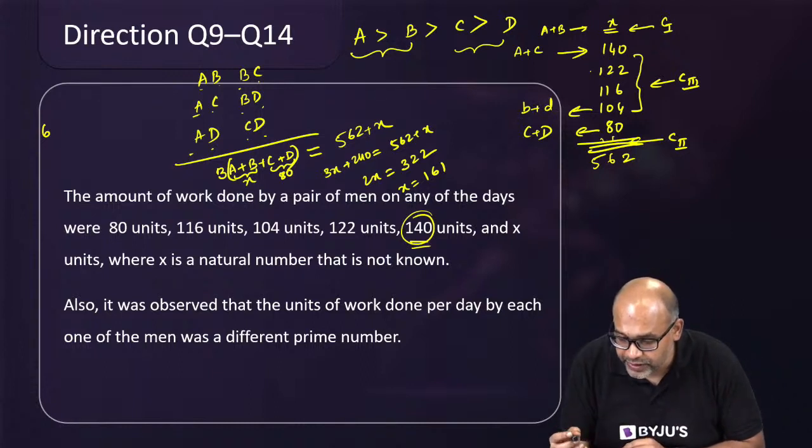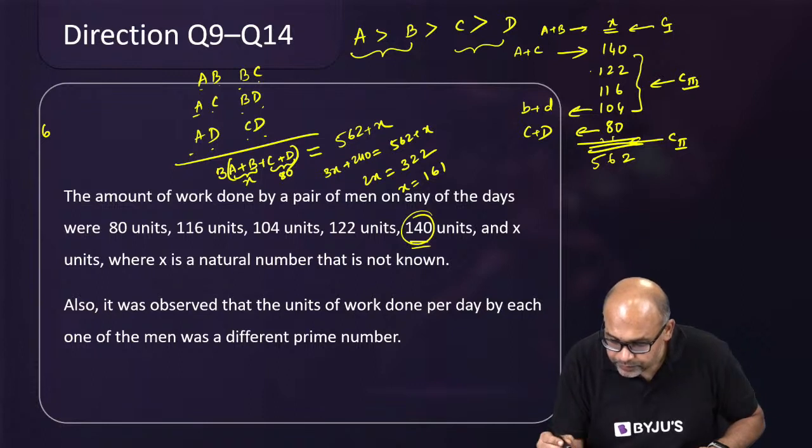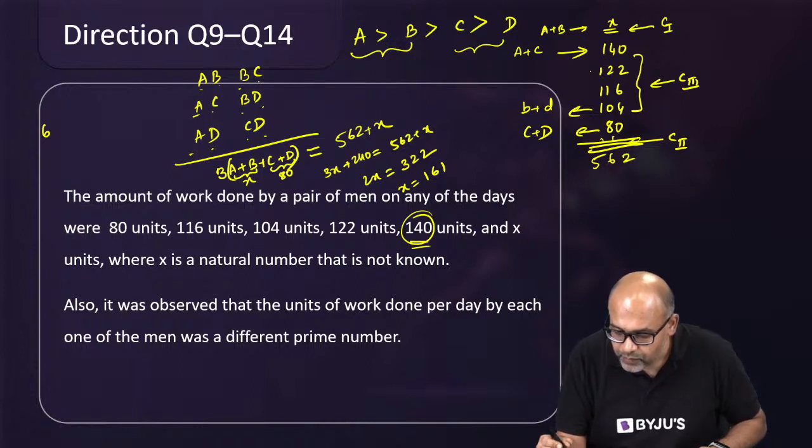So we can start using x is 161. If I use this, where do I use it? AC and BD. Correct.